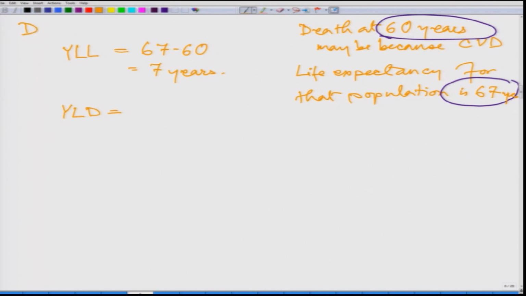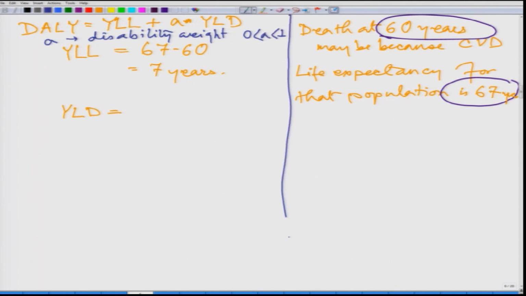So DALY is YLL plus A into YLD, where A is my disability weight, and the value of A varies from 0 to 1.